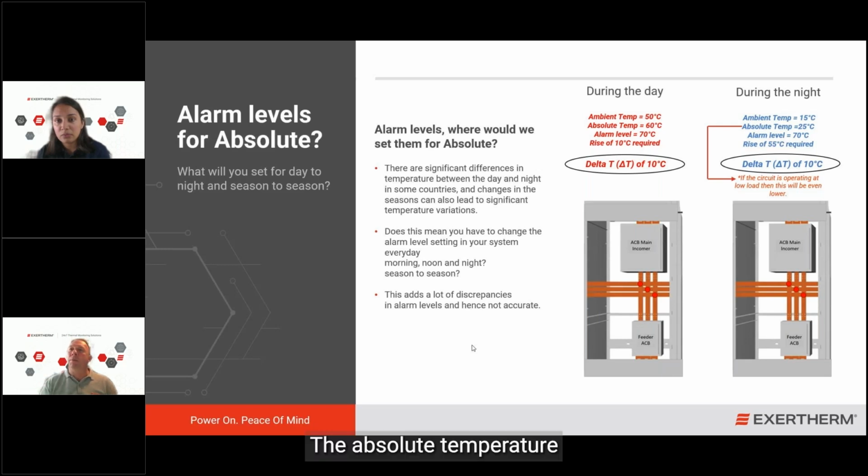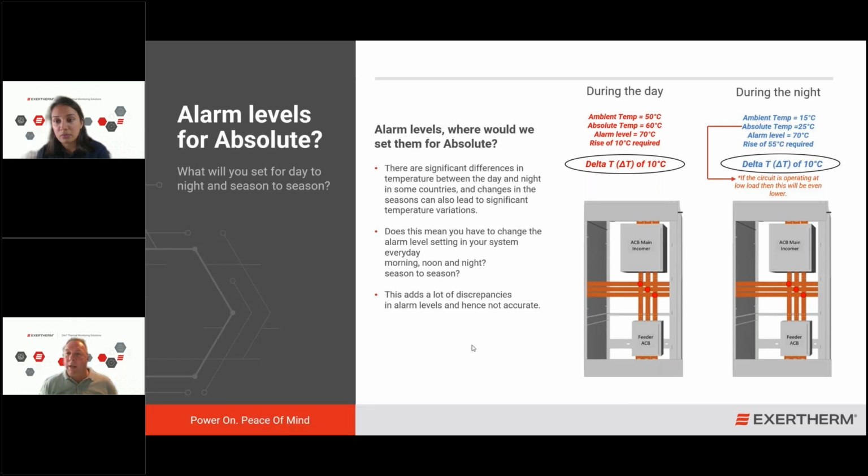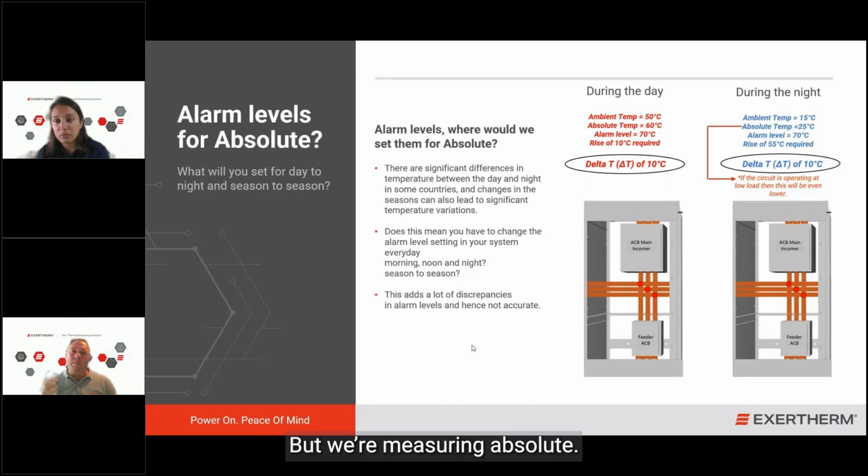The absolute temperature, because the joint is going to follow, it's going to cool down because there isn't enough energy to create heat. It's also moved to 25. So we've still got that delta of 10 degrees C, but we're measuring absolute. Our alarm level still set at 70.